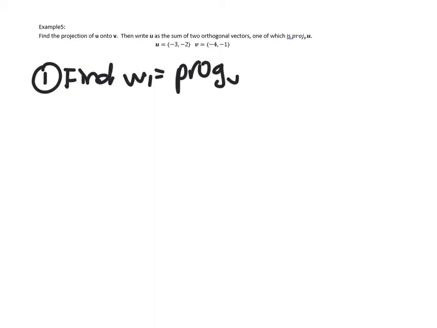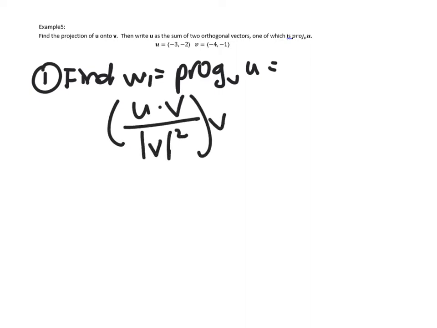Find the projection of u onto v, then write u as the sum of orthogonal vectors, one of which is the projection of u onto v. So first thing I need to do is find my W1, which is my projection of u onto v. You do that by doing u dot v over your magnitude of v squared, times v.